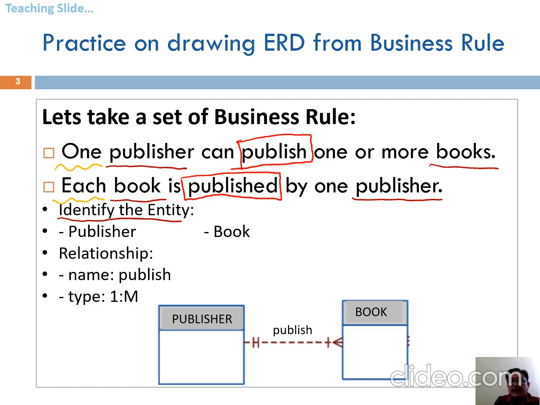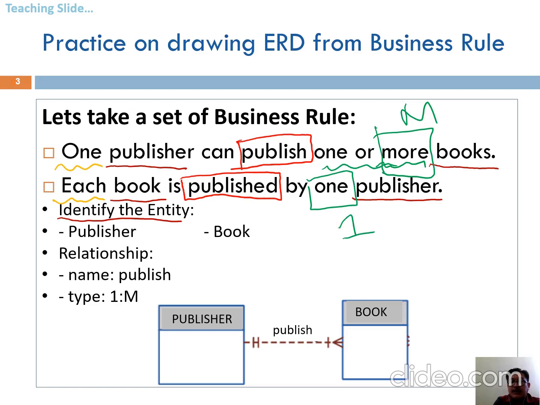But at the end of the business rule, if you look carefully, you will see one or more books, meaning this is many. One publisher is one.